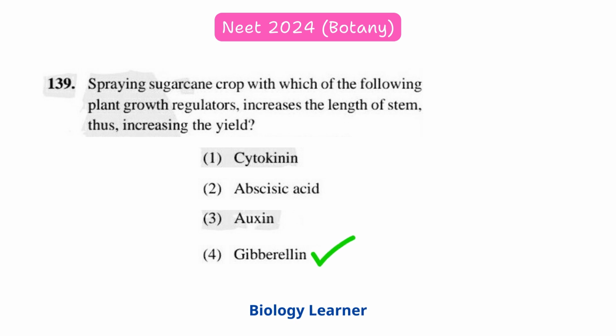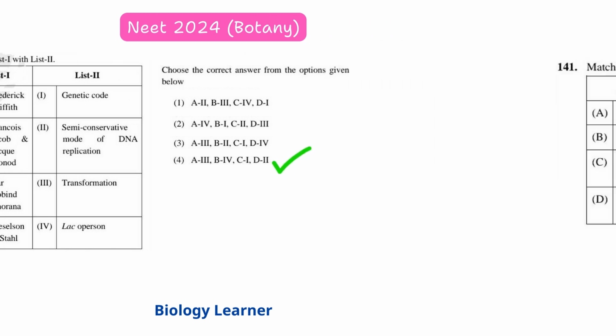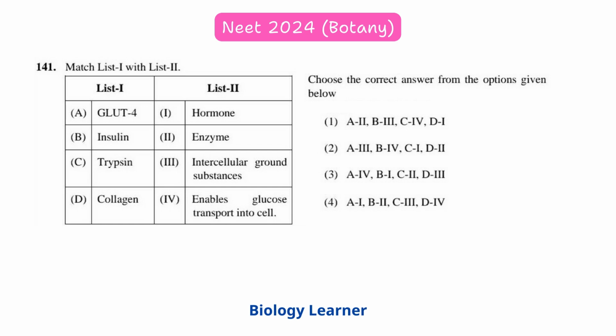Gibberellin. Match list 1 with list 2. The correct answer is option 4. A-3, B-4, C-1, D-2. Match list 1 with list 2.